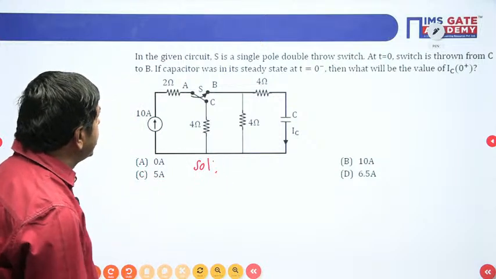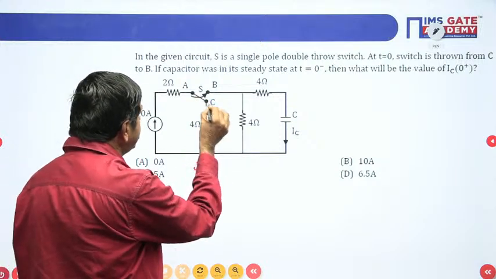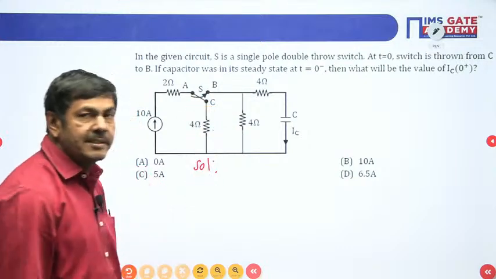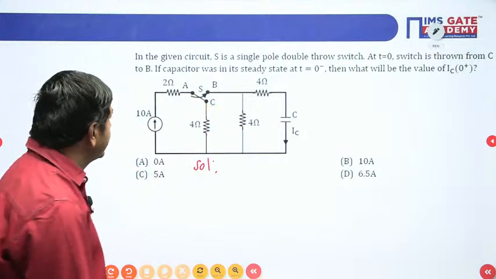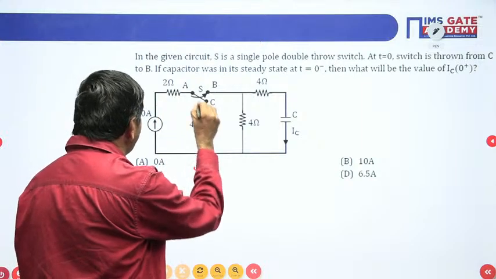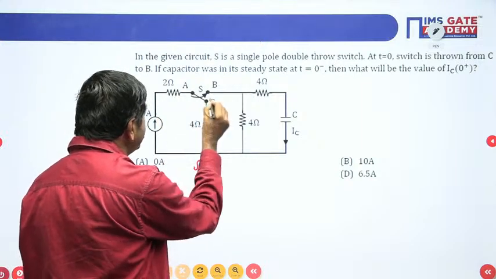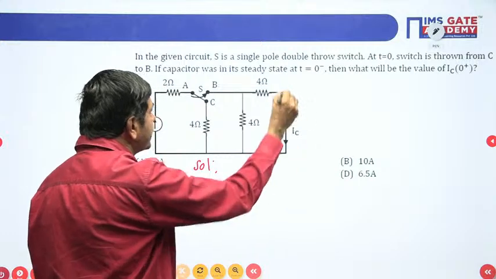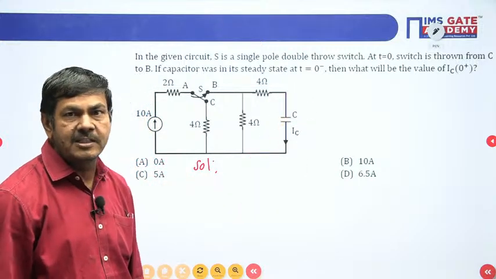Initially, the switch is at the position of C only. At the position of C, the total current is going to flow across this 4 ohm only. It doesn't flow any current across the capacitor. No current is going to pass.